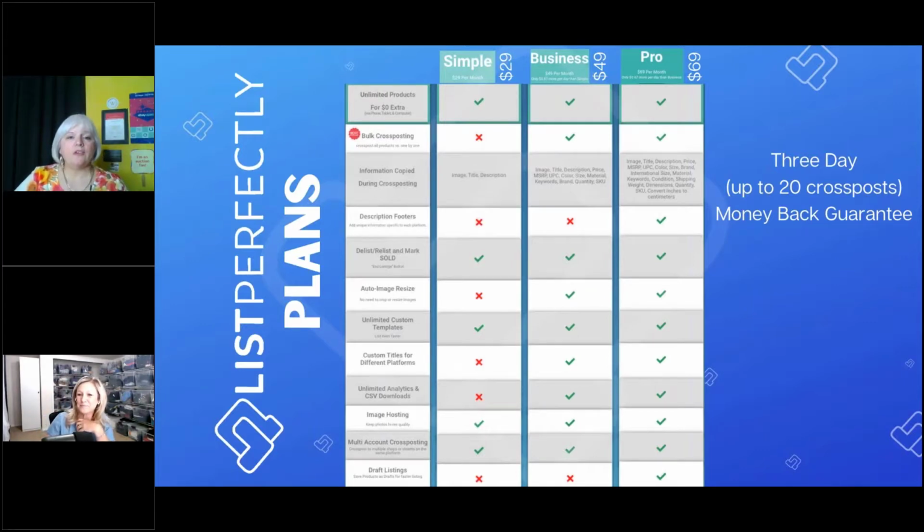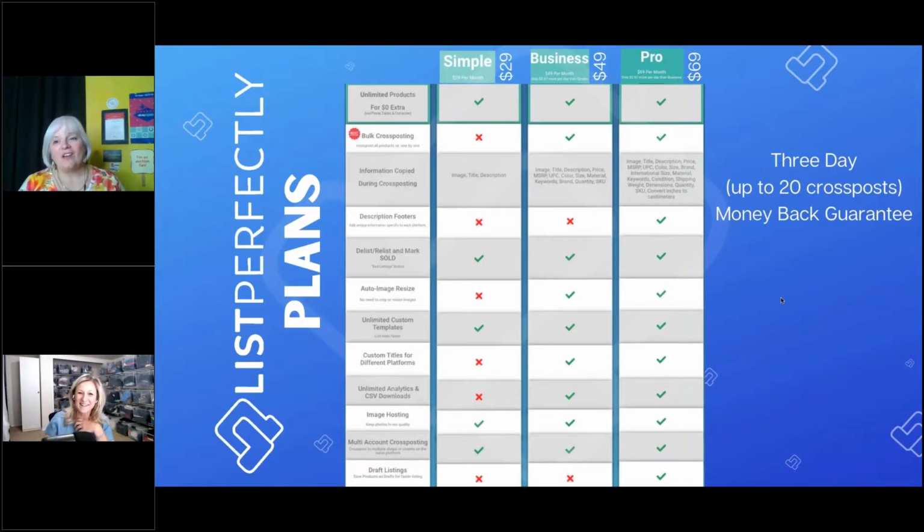Yes, I've actually swapped around a few times since I joined, and now the pro plan is definitely the way to go. When I first started, of course, it was the simple plan, and then it was like I need more. And I'm a busy person. I've got a lot of things that I juggle between WorthPoint and eBay, and I'm a grandma now, and there's things that you want to do.